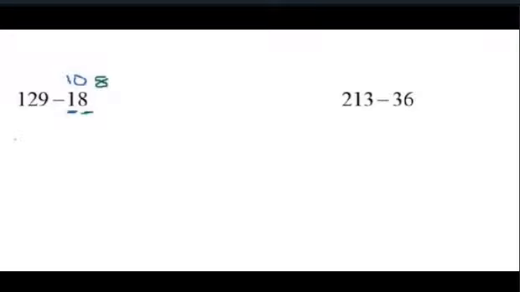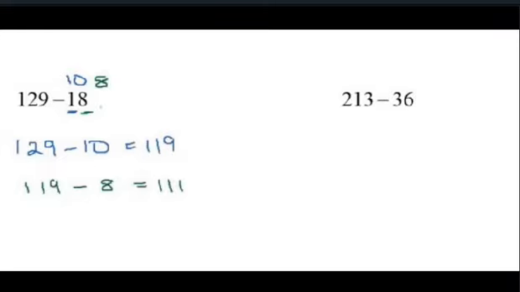So 129 minus 10 equals 119, right? Now 119 subtract 8, that is equal to 111. So using this partitioning method, 129 minus 18, we get the answer 111. Let's see another example.